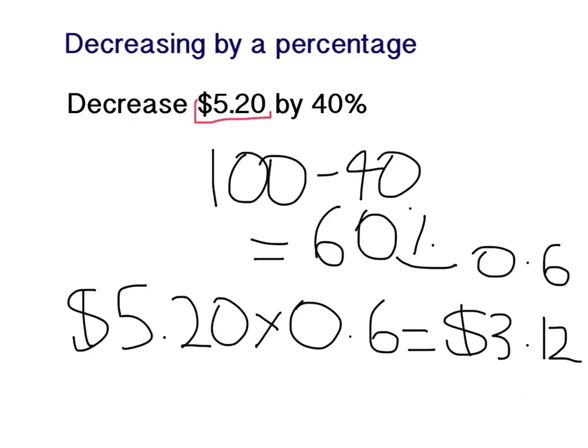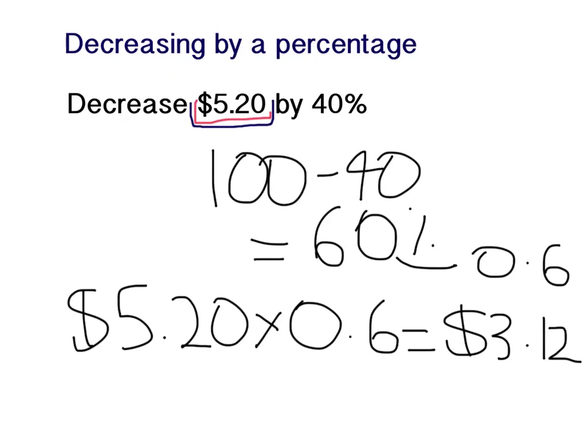That's all it is, guys. One more time: $5.20 was 100% of its value, I needed to decrease it by 40%, so I worked out 60% of it. $5.20 times 0.6 is $3.12.